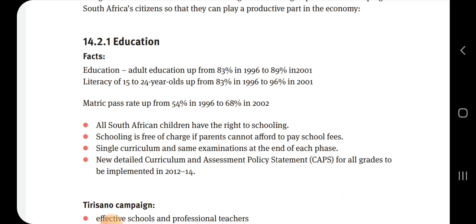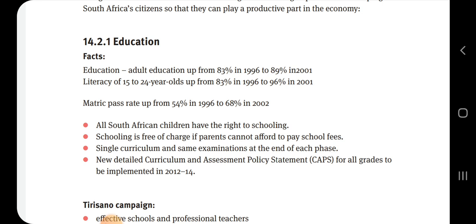So they had planned that they want the number of educated people to increase from a certain level to a certain percentage. Matric pass rate up from 54% in 1996 to 68% in 2002. So they wanted more than 54 percent to pass matric, so they focused on education.